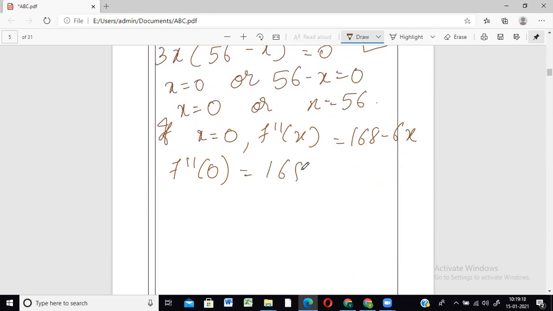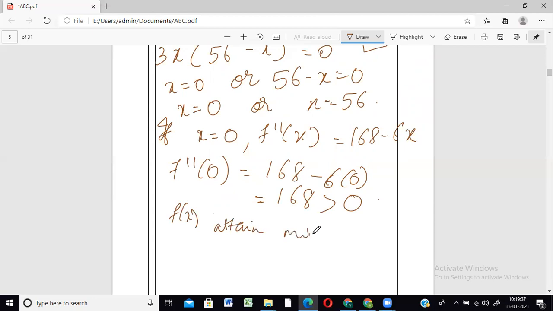So that's 168 minus 6 into 0. Hence we get 168, which is greater than 0, correct? But greater than 0 means the function attains minimum value at x equal to 0.